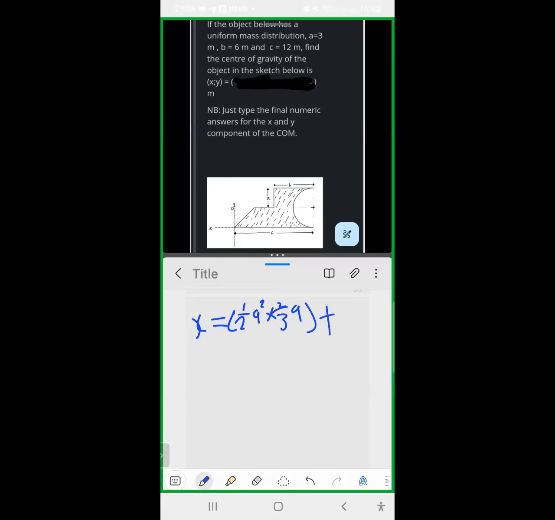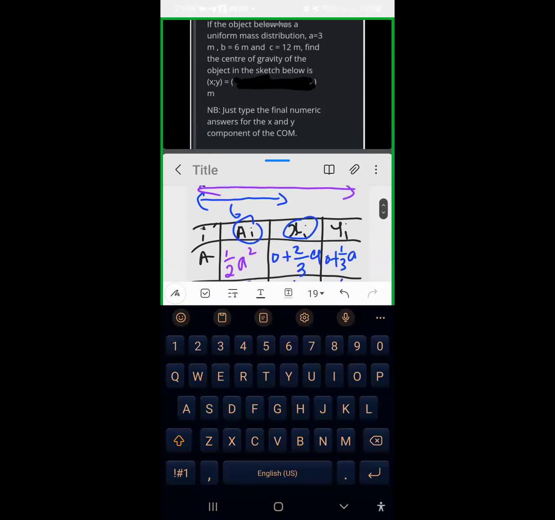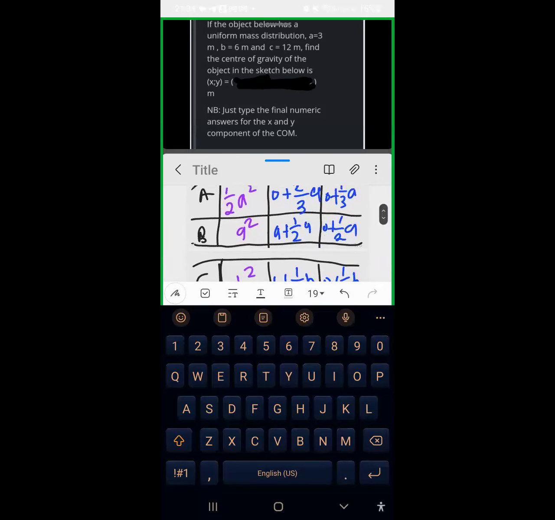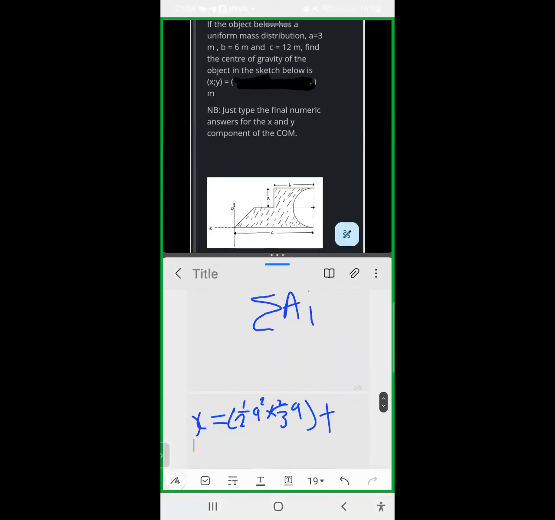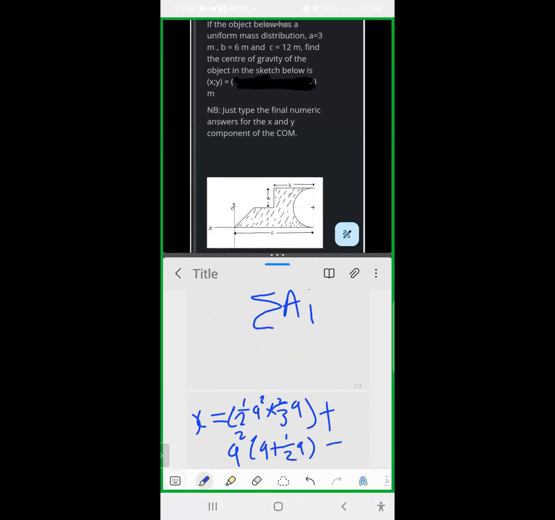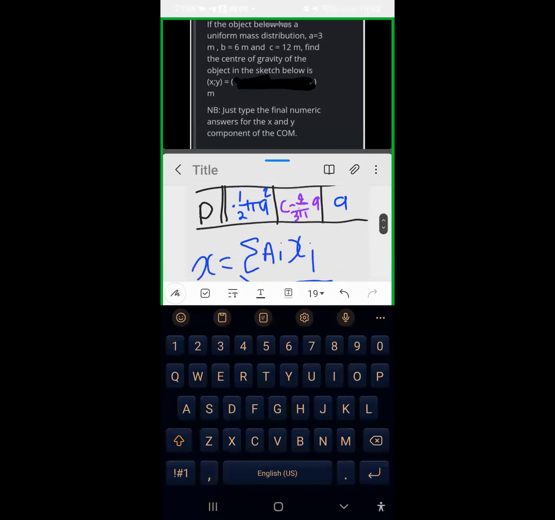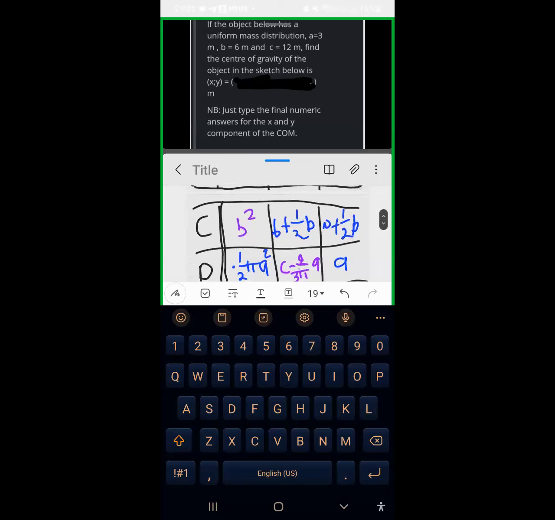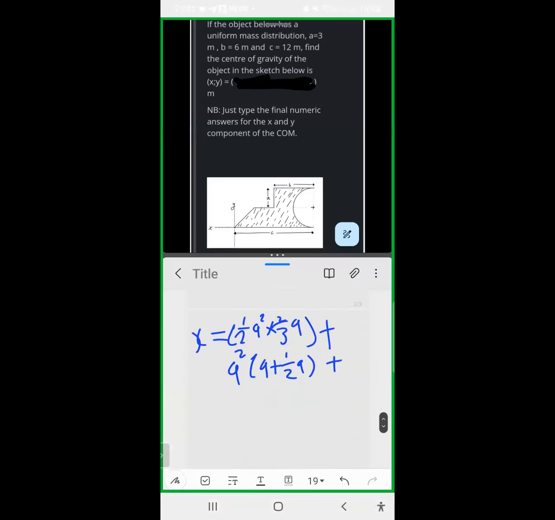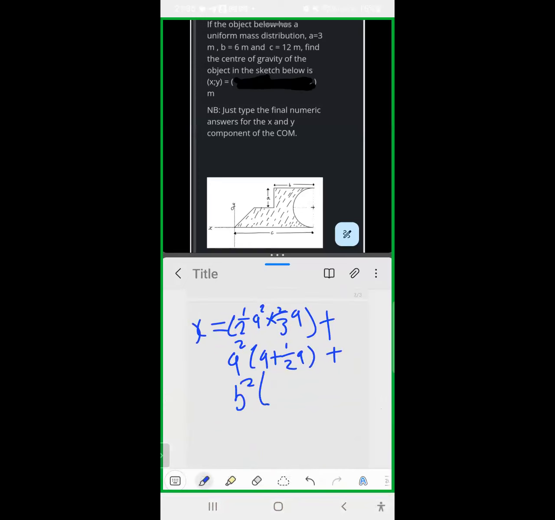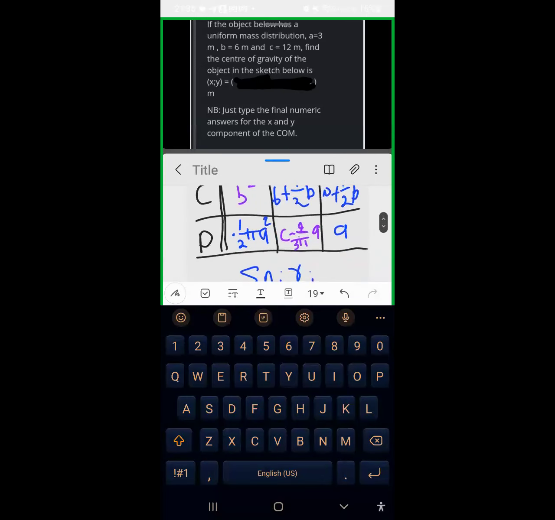And then this will be plus, the second shape is a squared multiplied by a plus 1 over 2a, and then plus, the third shape is b squared multiplied by b plus half of b, and then plus, the last one is minus 1 over 2.